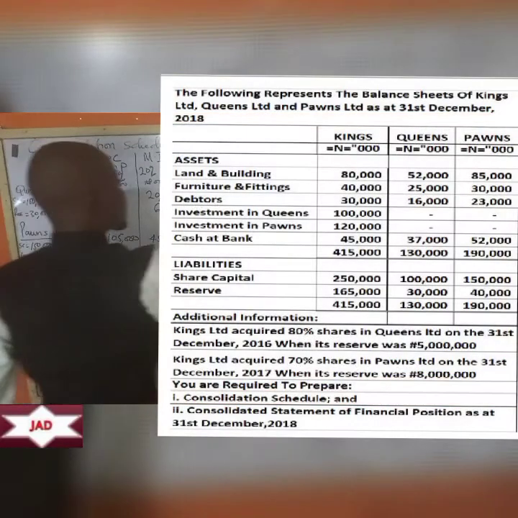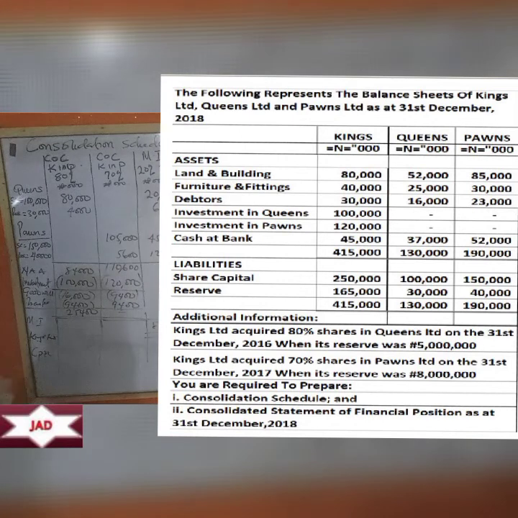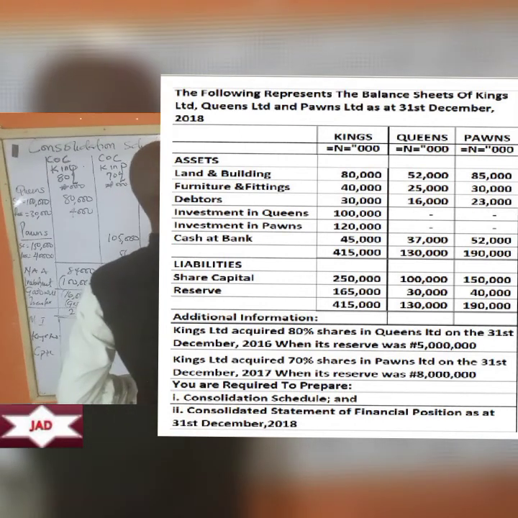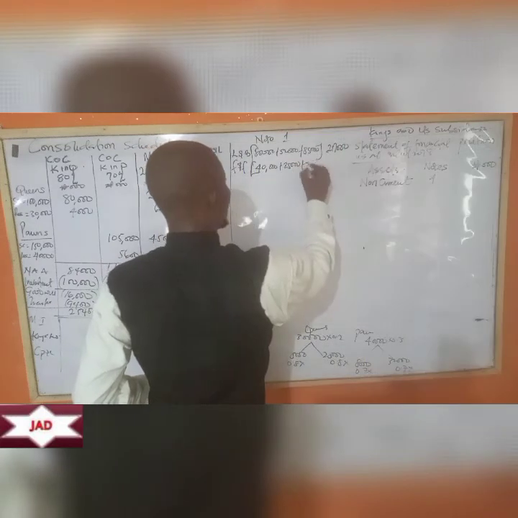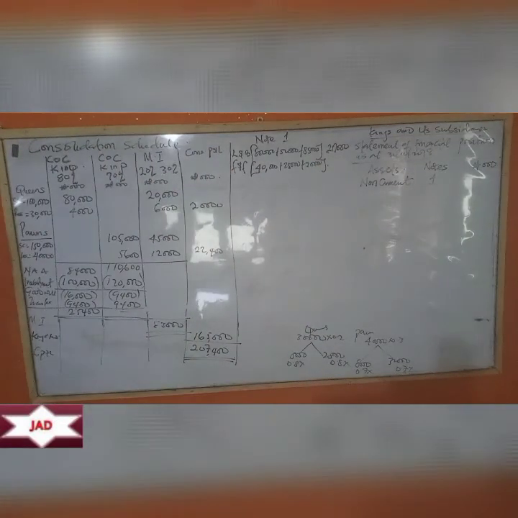What's the next one? Furniture and fittings. We have 40, 25, 30. 40,000, 25,000, 30,000. So what do we have? 40,000 plus 25,000 plus 30,000, 95,000.